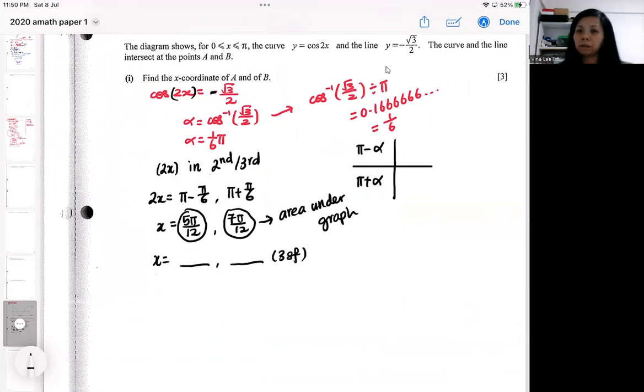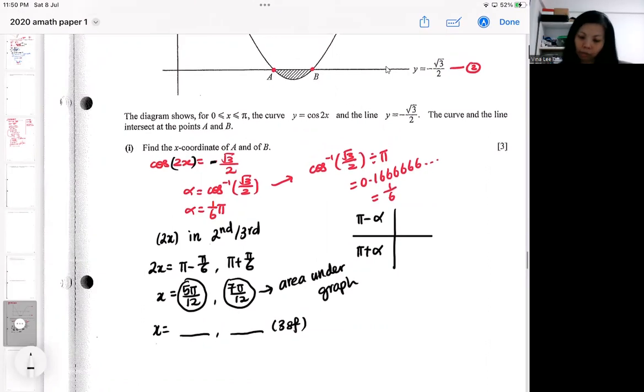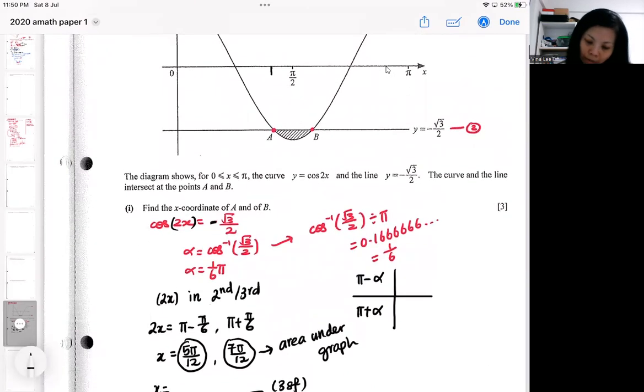So for the first part of finding the coordinates, because it's linked to the second part, I will use the exact number rather than 3SF. But if you are presenting the answer for this part, you can present both. Okay, so that is the coordinate part, and it will be somewhere here.